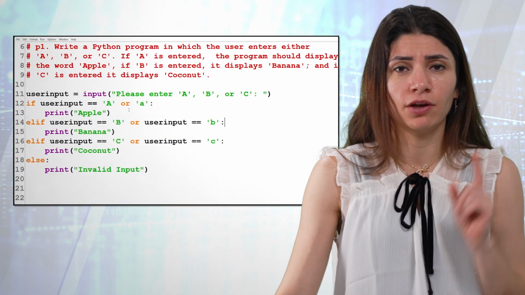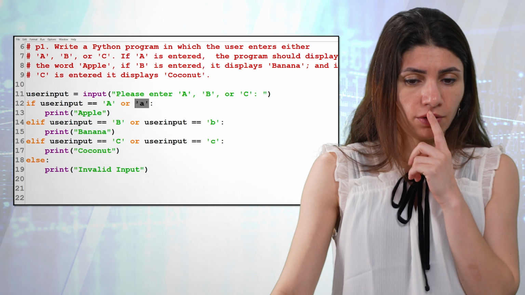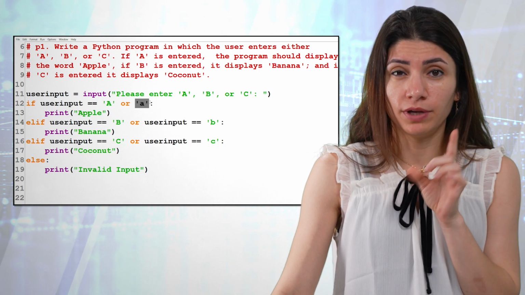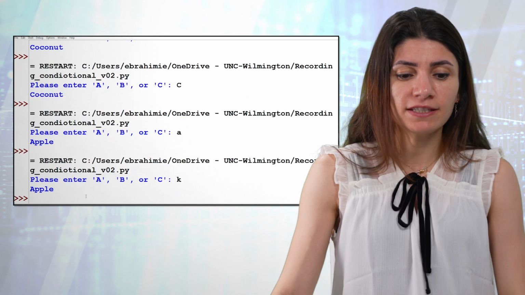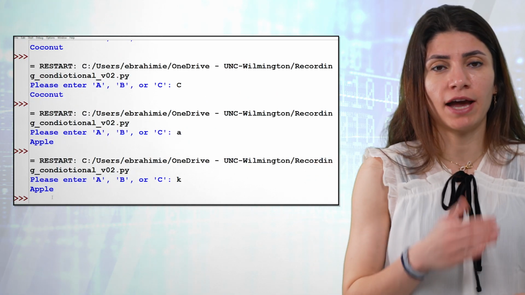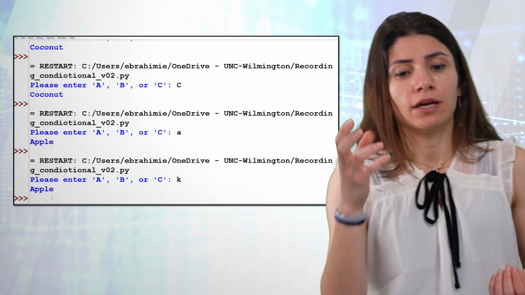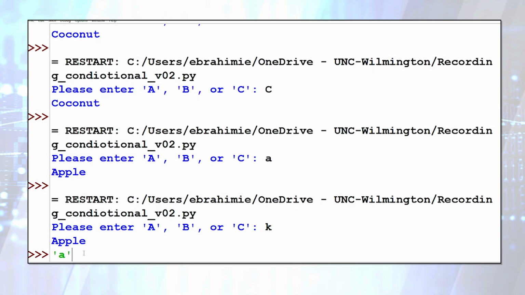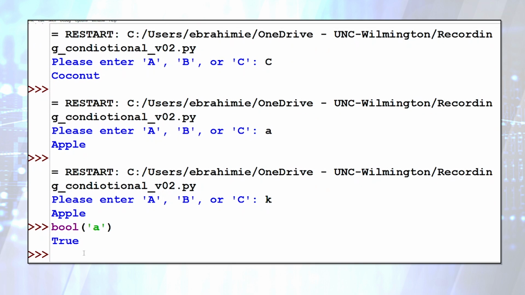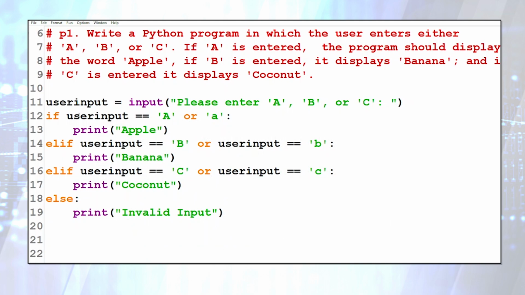That goes back to the video that I made for Boolean variables. If you remember, in Boolean variables, every single value that we have has a Boolean representation. So if I ask what is the Boolean representation of this character A, is it true? What you're saying here is evaluate this one, whatever it is.